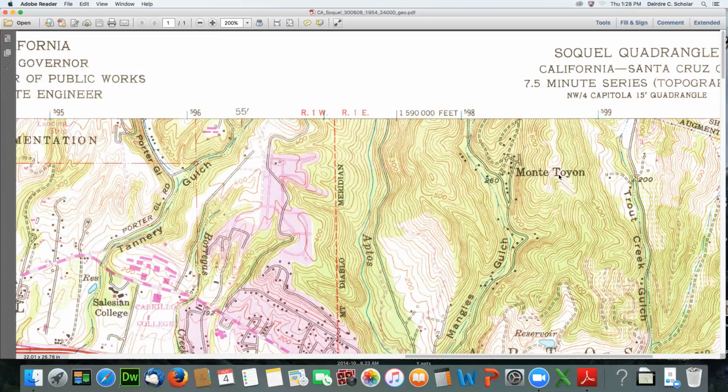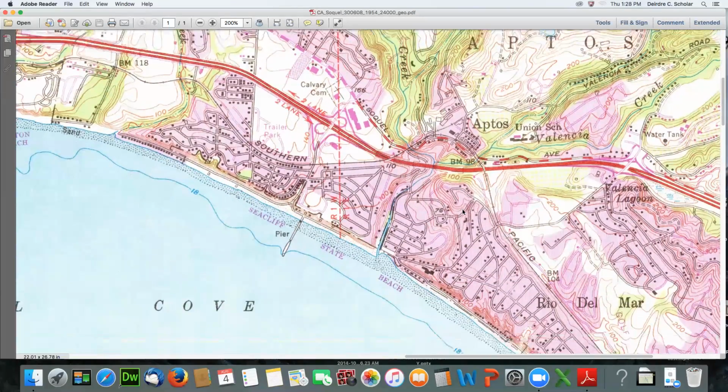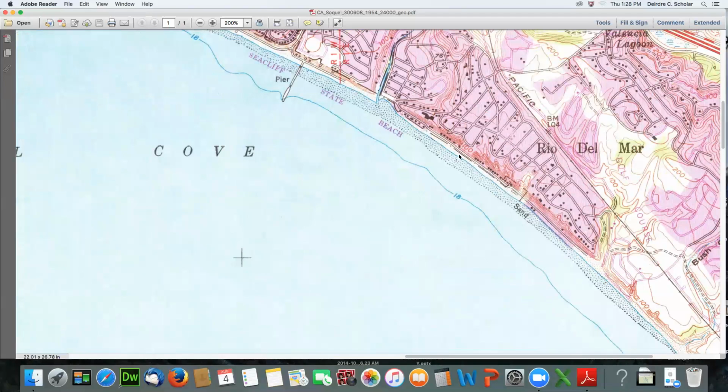So on your handout, your highest elevation is 640, and it's feet because those are the units on the Soquel quadrangle. Now the lowest, if we're looking at land areas only, which is what our handout is asking us for, the lowest is basically where the land meets the water, and that is what we would call zero or sea level.